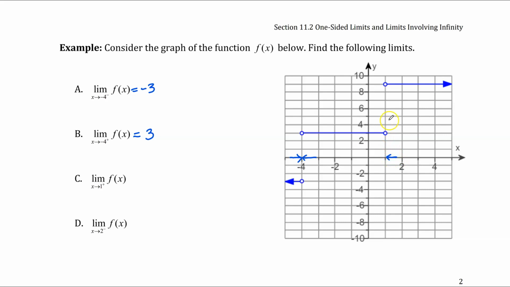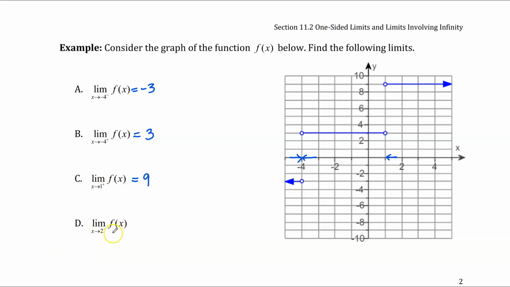As x approaches 1 from the right, this is your graph, and that goes closer to this number here, which corresponds to 9. So that corresponds to y equals 9. Therefore, the value of the function as x approaches 1 from the right is equal to 9.